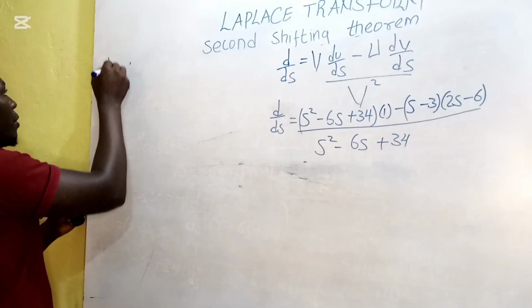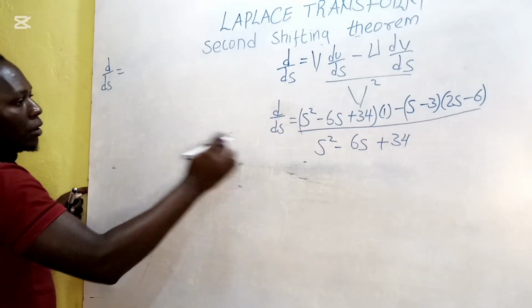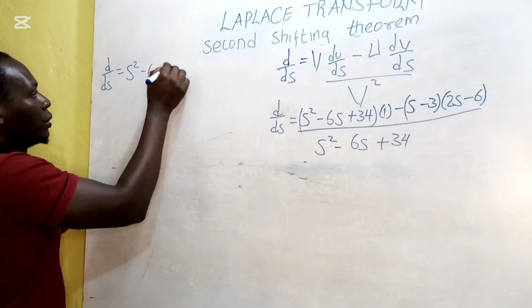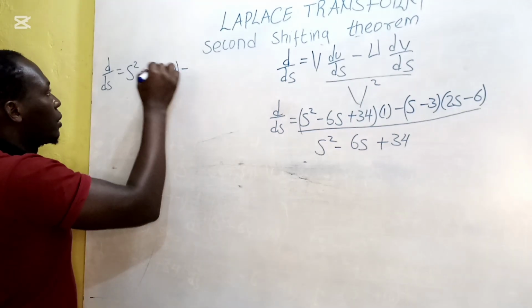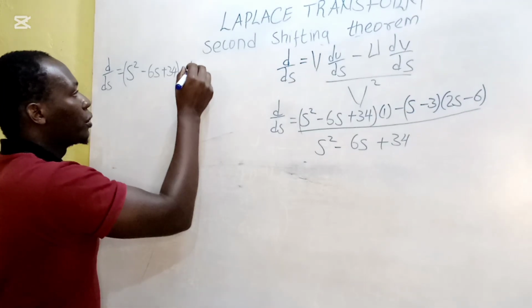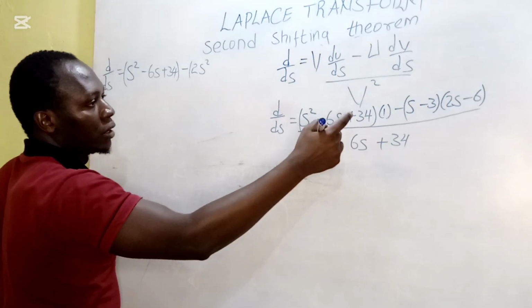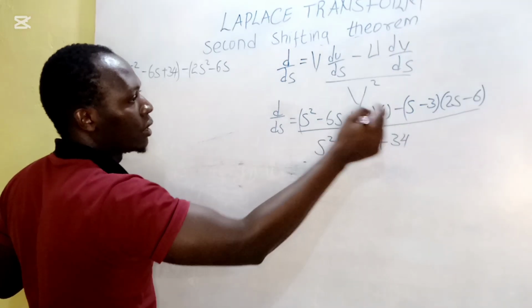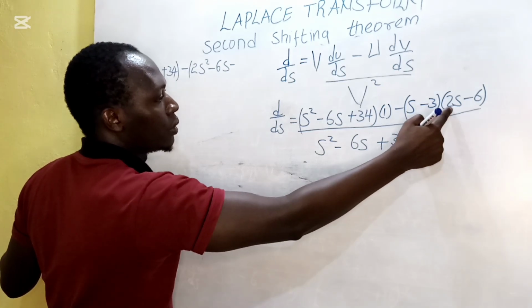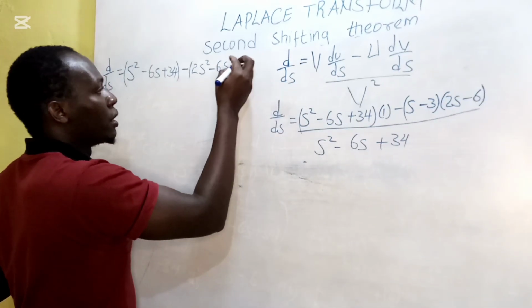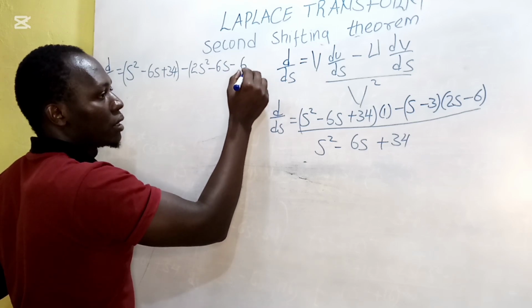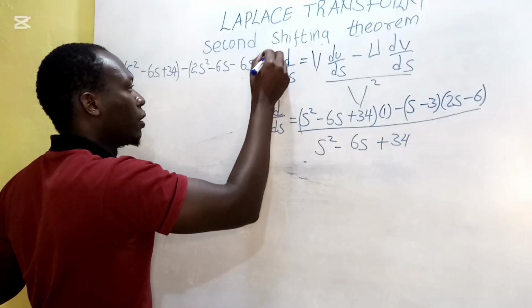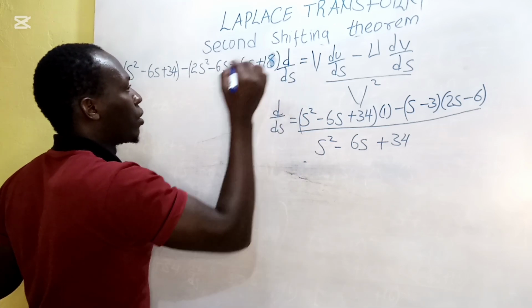At this point we are going to have d with respect to ds equal to s squared minus 6s plus 34, this is our first bracket, minus, here we are going to have 2s squared minus 6s minus 6s plus 18.